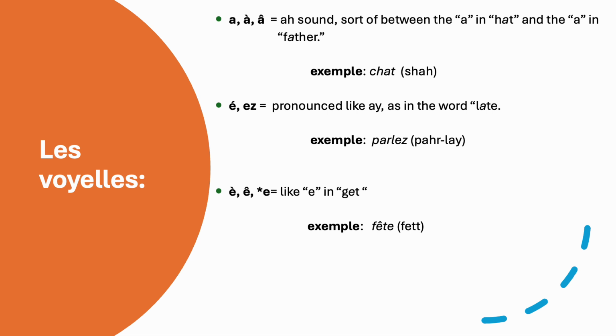Notice that it's a circumflex, so what letter could you put after that E? An S. Fest. What do you think a fest is, or fête? You're right if you said a party or a festival. E is sometimes the E sound, but it also can be a U sound. Exemple, beurre. Beurre, which is butter.